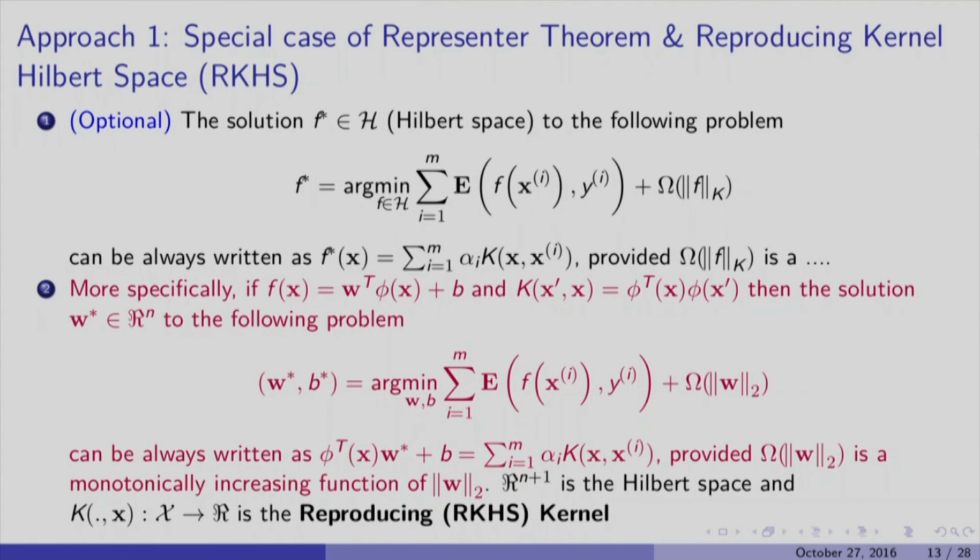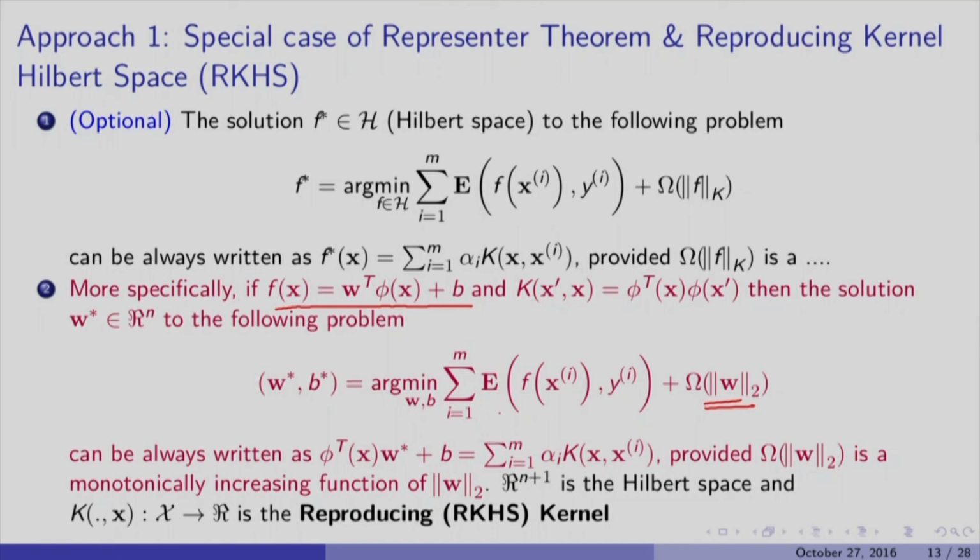So if f(x) is w transpose phi(x) plus b and we are trying to minimize the complexity of f(x) by a norm on w, the parameter w here, and let us say like before we still had the error decomposing over the individual examples in the data set.